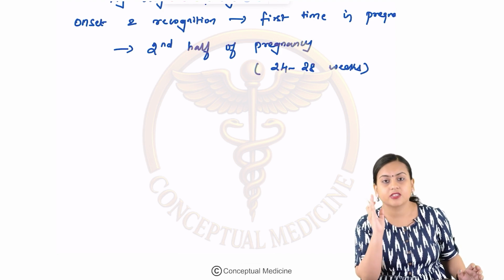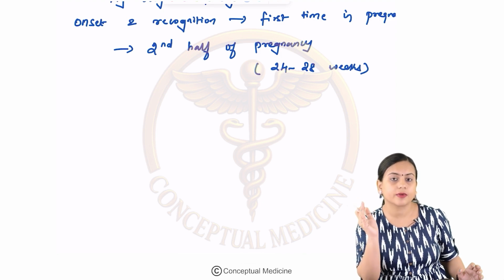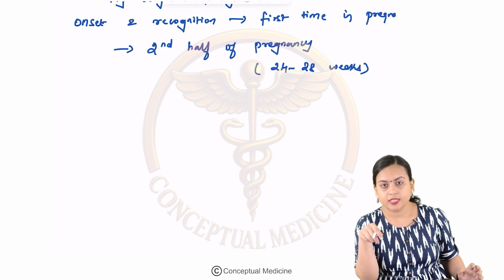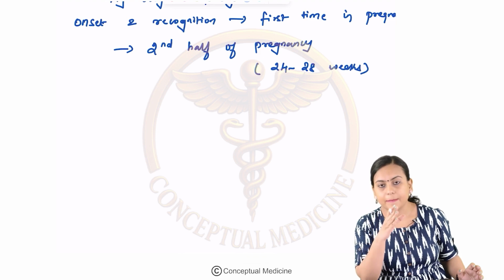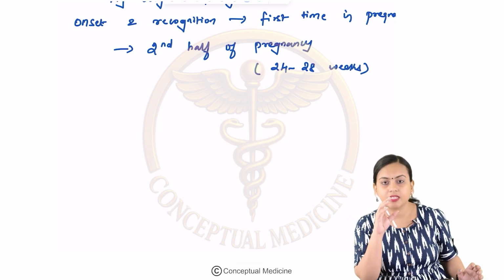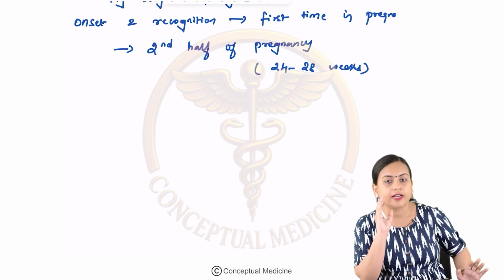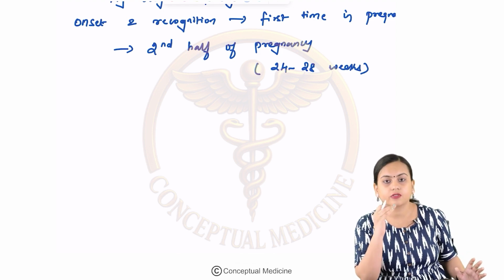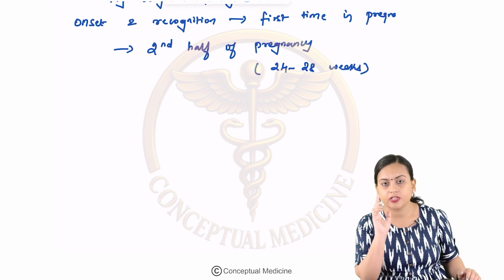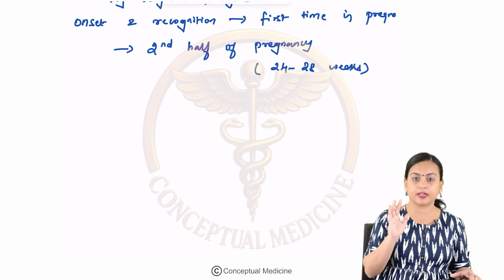So, when gestational diabetes mellitus happens due to the insulin resistance caused by the HPL hormone secreted in pregnancy, then it is known as gestational diabetes mellitus. So even if it happens in the first trimester, we are not considering it as gestational diabetes mellitus. It is going to be pre-gestational diabetes mellitus if you diagnose the glucose intolerance in the first trimester. The definition applies only if it happens in the second trimester. Be clear with this concept.